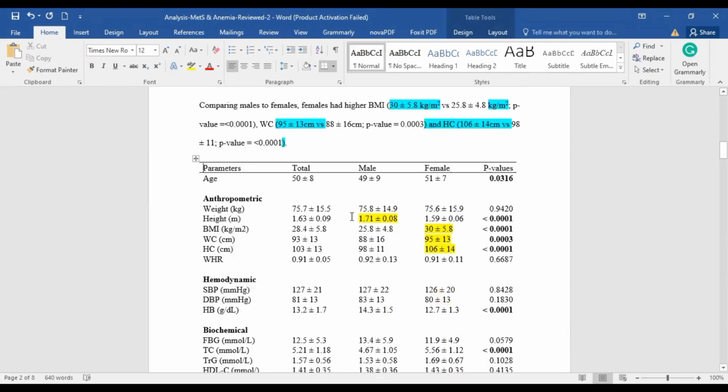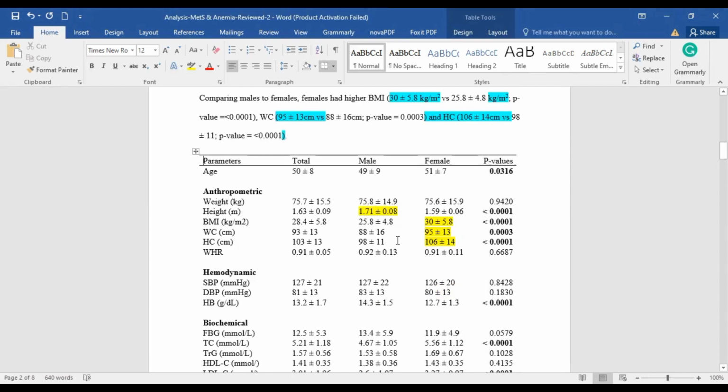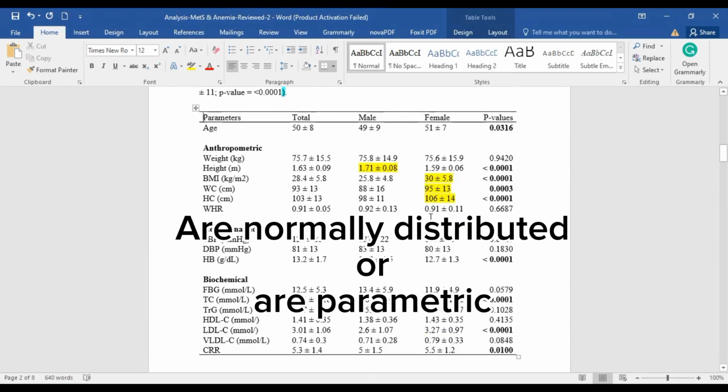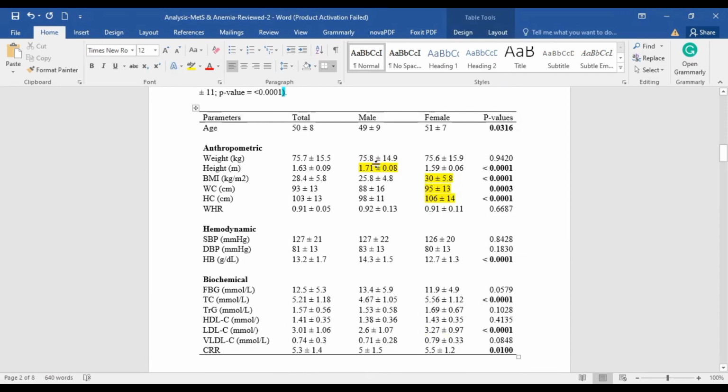The test that was run for this is an independent sample t-test to compare the means. Once the mean has been used here, it means that all these variables have passed the test of normality and they are normally distributed, and so we can represent them using their means.